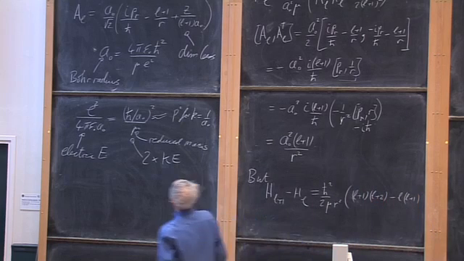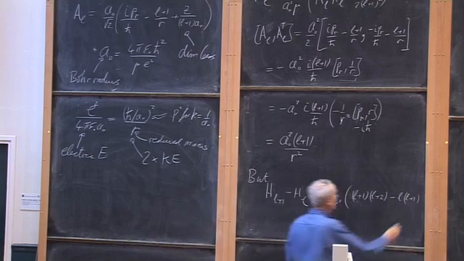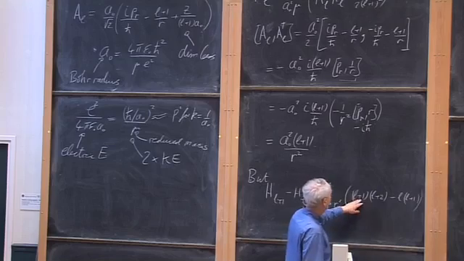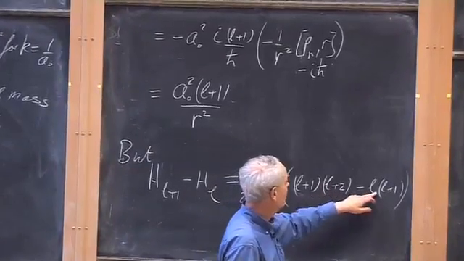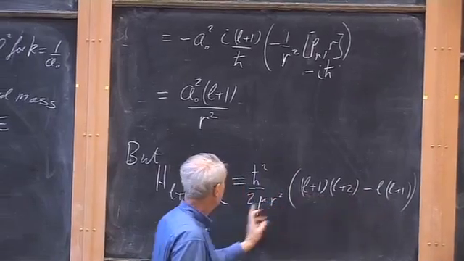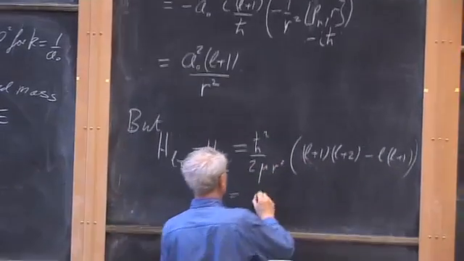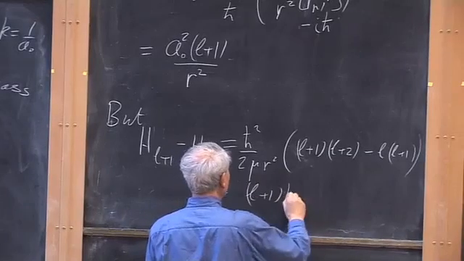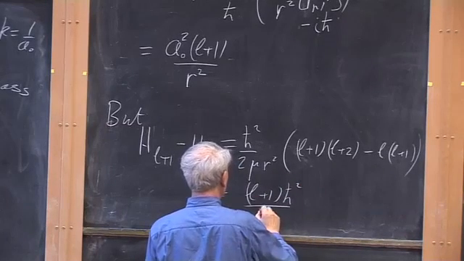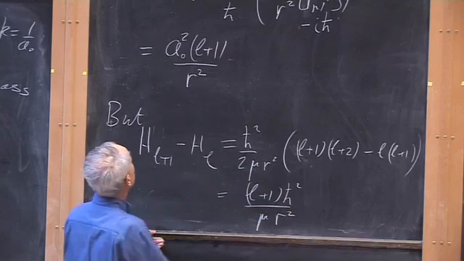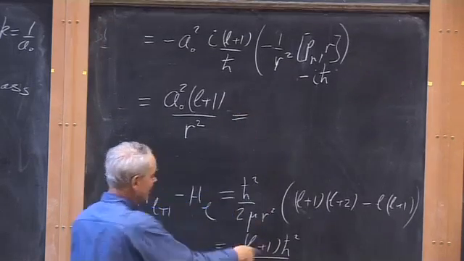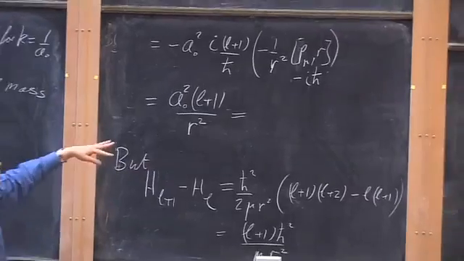Did I do that right? Live in hope. Okay, so obviously there's going to be a factor of (L+1) common, and then we're looking at the difference between L+2 and L, in other words, 2. The 2 is going to cancel this, and this is going to equal (L+1) h bar squared over mu r squared.